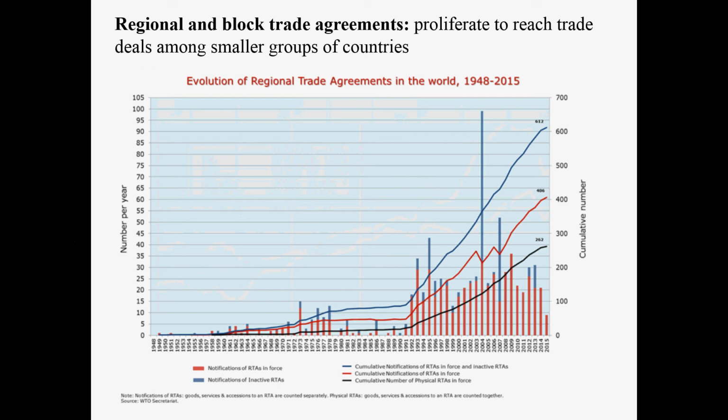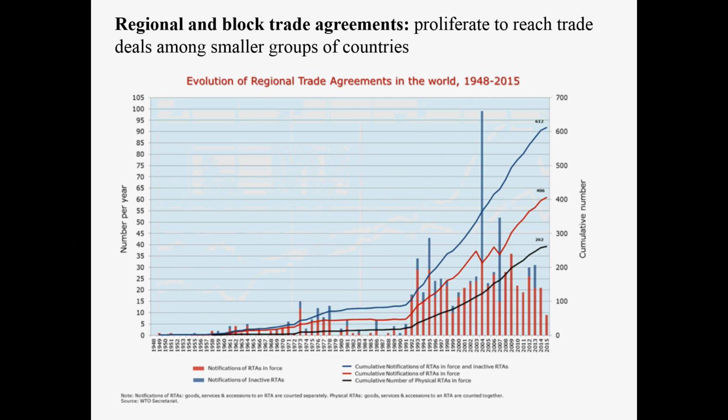So they begin to do regional trade agreement negotiations, bloc trade agreements, that involve a smaller number of countries, where it is probably easier to achieve agreement. This slide shows the increase in the number of regional free trade agreements as a response to the little progress that had been achieved at the international level.